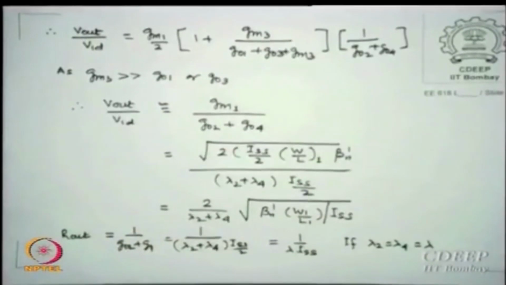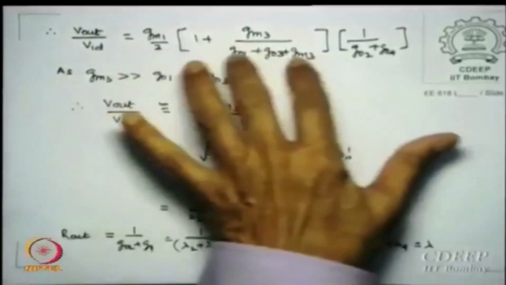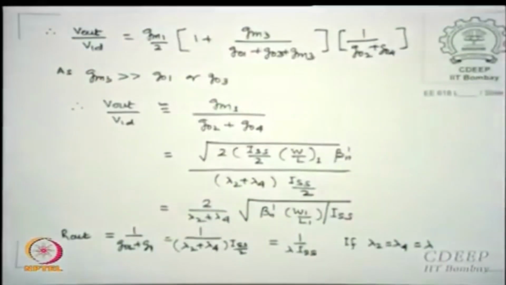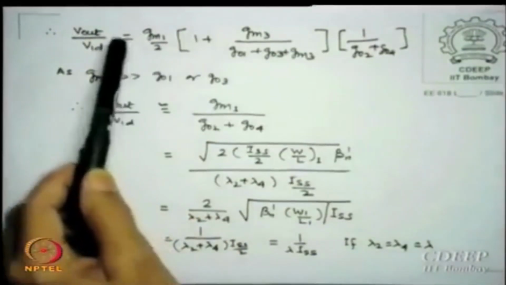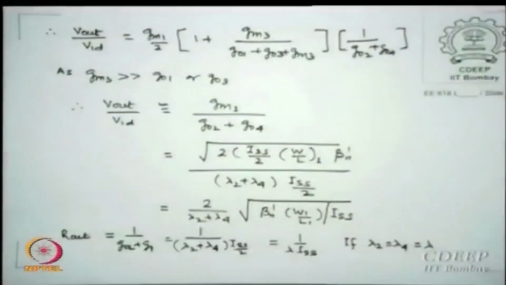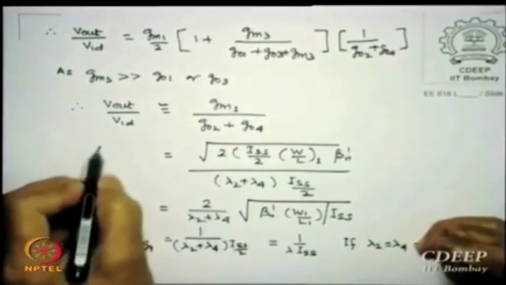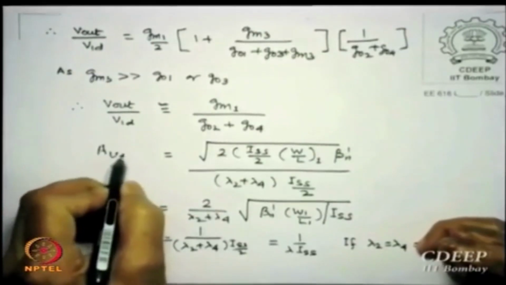Is that clear? If I neglect these two terms, this becomes 1, GM3 by GM3, this becomes 2, this 2 cancels. So GM1 upon GO2 plus GO4 is essentially your difference gain, AVDM.